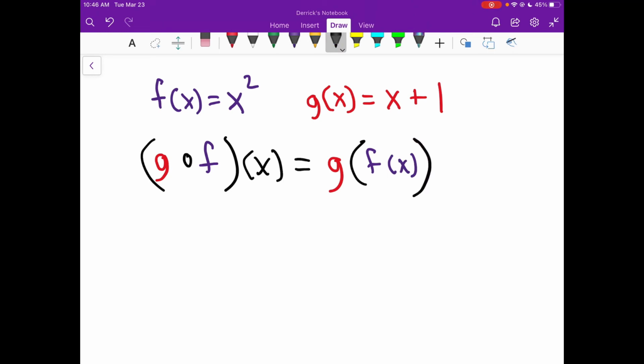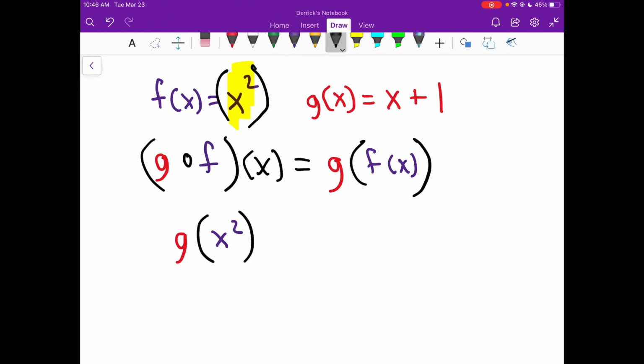Whichever way you look at it being expressed, it means we are being asked to take the entire f of x function and plug it in for x in the g of x function. Well, the entire f of x function is x squared, right? That x squared is all we have for the f of x function. So another way we could write this is we're being asked to take g of x squared.